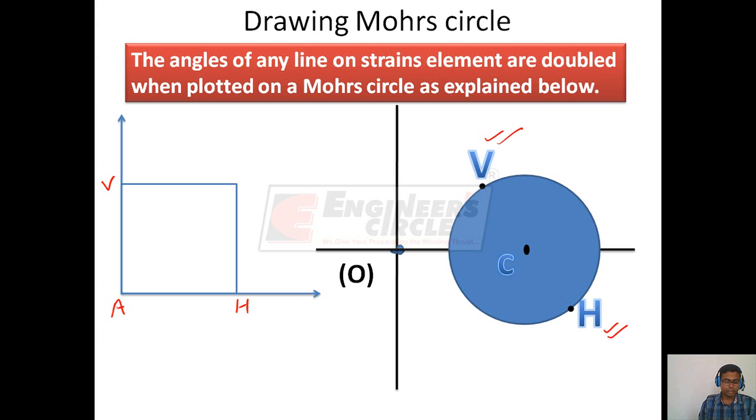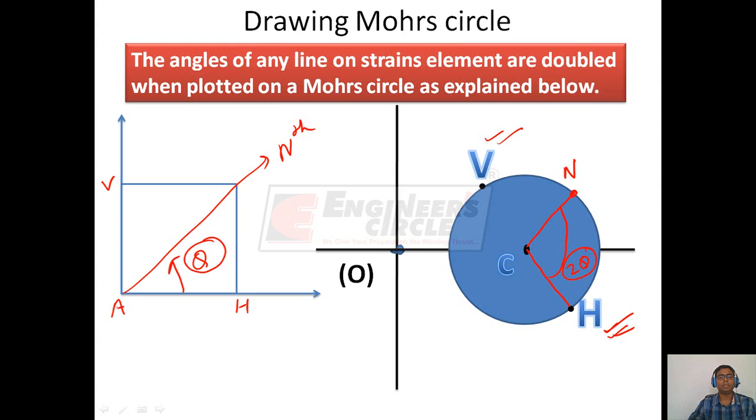Consider any nth direction at point A that makes an angle theta with the horizontal line AH, positive in counterclockwise direction. To obtain the direction n on the Mohr's circle, we mark angle 2 theta from the horizontal direction in the anticlockwise direction. This point n represents the direction AN. Therefore, angles are doubled as compared to angles on the strain element.